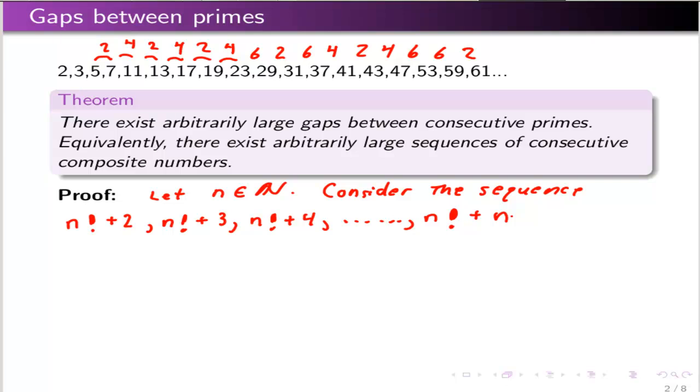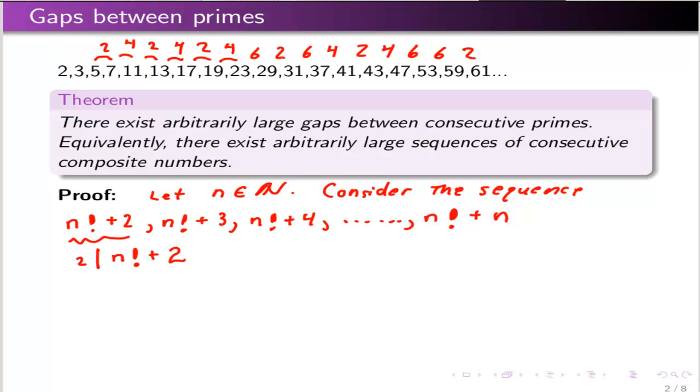And I claim that these are all composite numbers. Why is that? Give me a divisor of this. Well, sitting inside of n factorial is the number 2. So 2 is a divisor of n factorial plus 2, provided n is at least 2 in size.